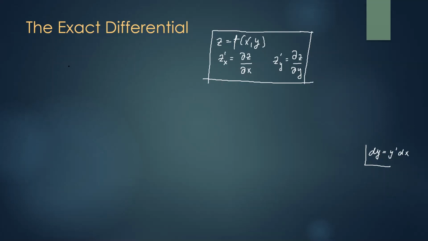So in this case, we would denote the exact differential like this. We write dz, the differential of the function z, is the derivative in the direction of x multiplied by dx, plus the derivative in the direction of y multiplied by dy, the increment of y.